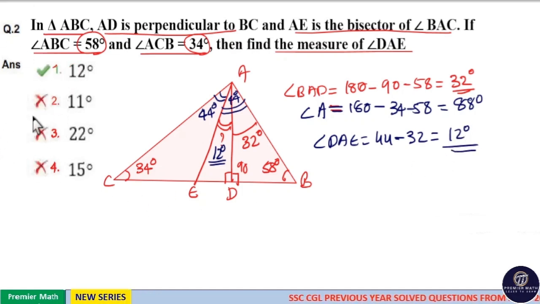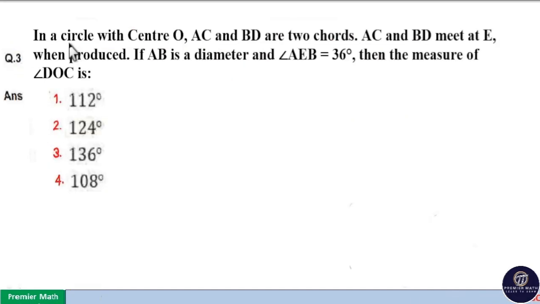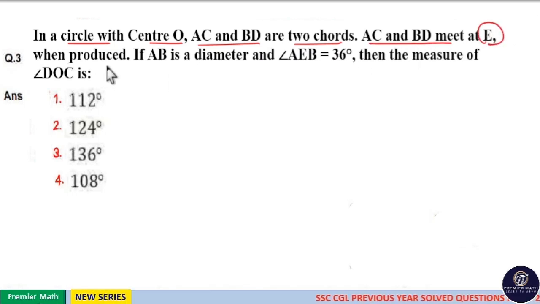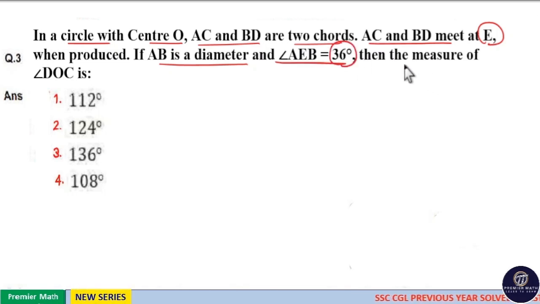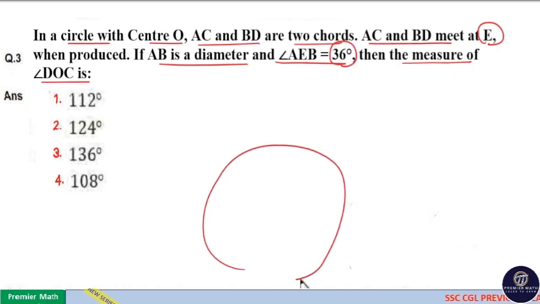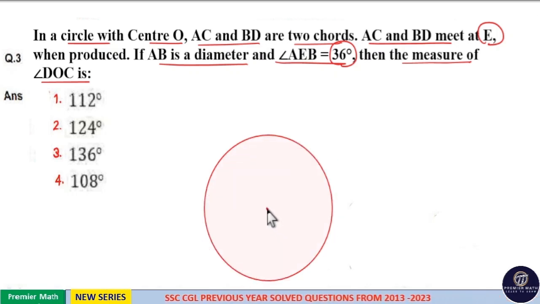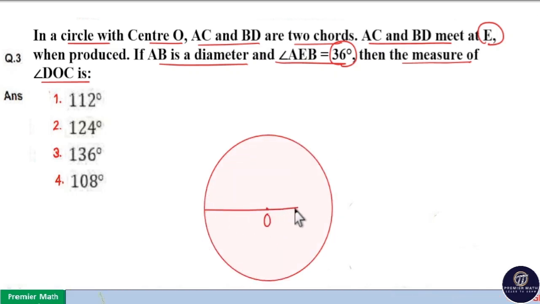Just using the 180 degree concept. In a circle with center O, AC and BD are two chords. AC and BD meet at point E when produced. If AB is the diameter and angle AEB is 36 degree, then the measure of angle DOC is. Consider this as the circle with center O and diameter AB.